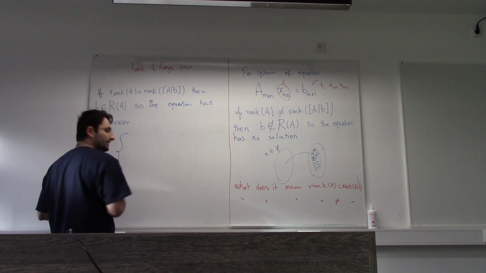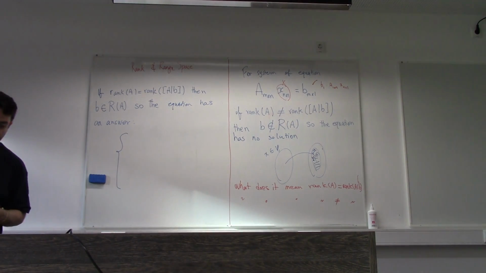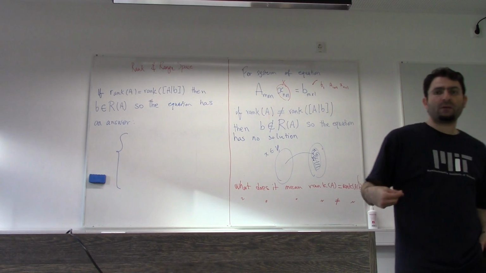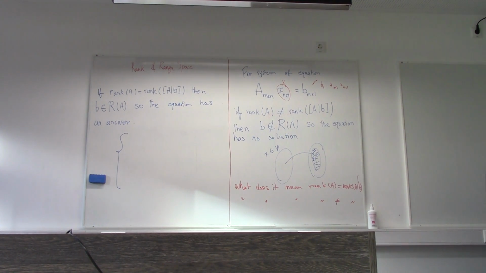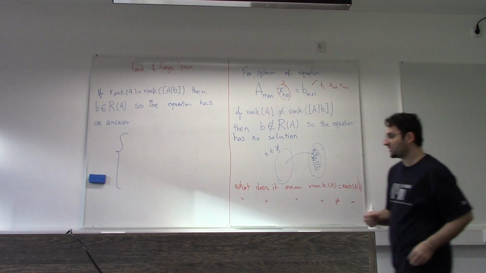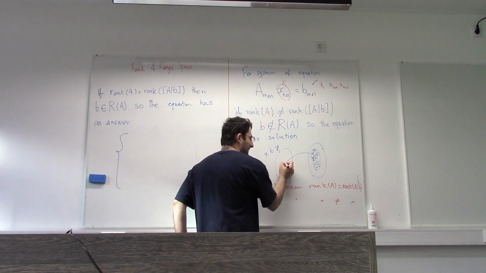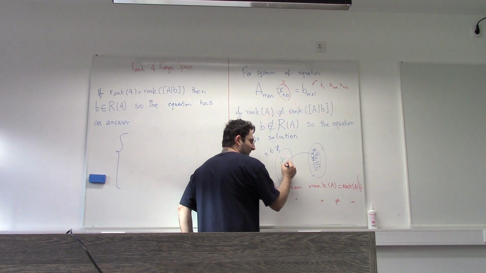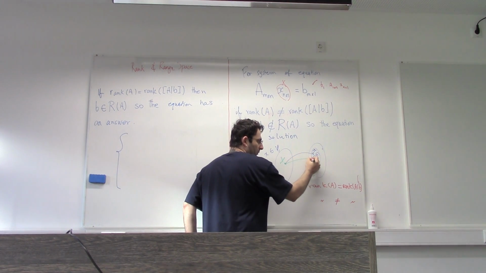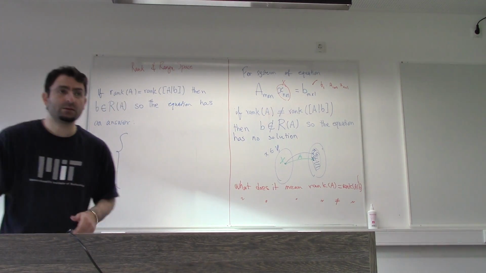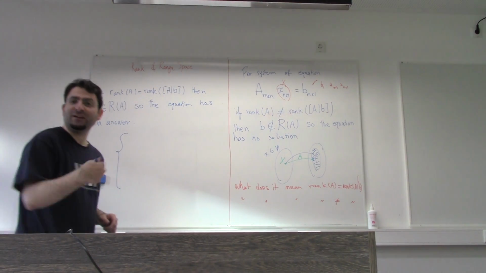But now there are two things when we say that we have an answer. One is that we have one unique answer, which means that B belongs to RA and there is this unique x which goes to B, or we have infinitely many answers.